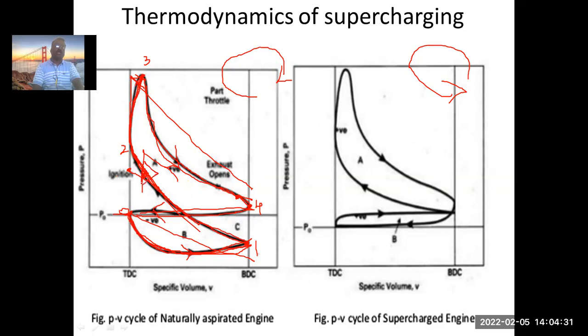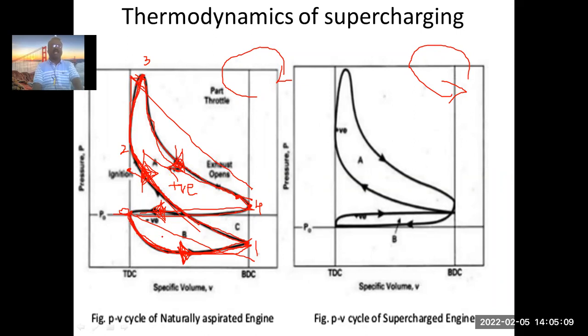So you can see over here this particular loop is clockwise. Here if you take this particular loop, how is this particular loop? Anti-clockwise. Generally it is considered that theoretically the clockwise loop is considered as a positive loop, and it is considered that this indicates the power given by the system.